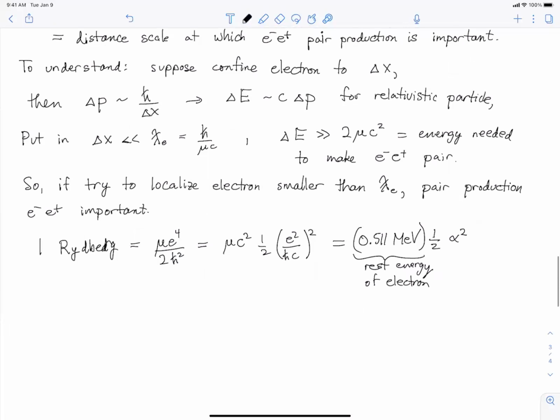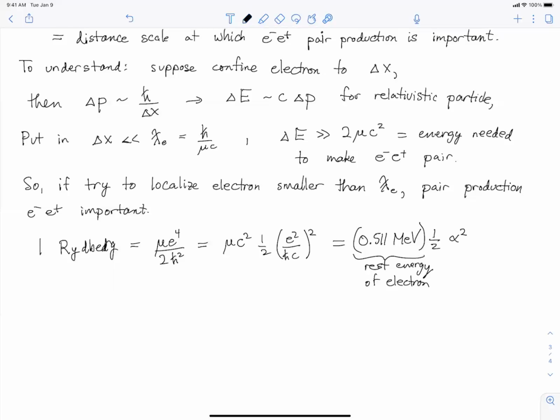And so really the point here is that alpha, because it's a small number and then it's getting squared, makes it a very small number. That means this Rydberg is very small compared to the energy that you would actually need to start making positrons out of nothing.